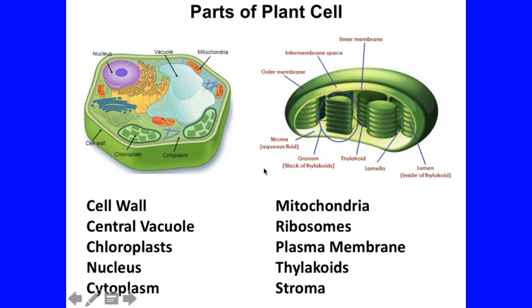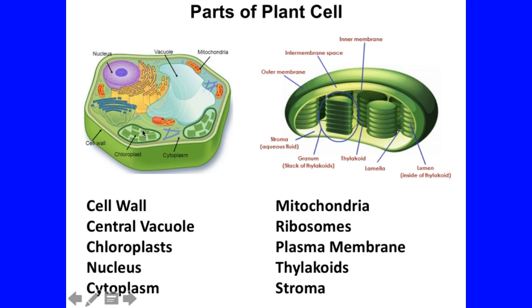And then we have the mitochondria right here. That's where cellular respiration happens and ATP is created. Ribosomes are floating around, especially on the rough endoplasmic reticulum, and those provide us with proteins. Plasma membrane, like I said, is on the inside of the cell wall. And then this is the actual chloroplast right here that we're going to be looking at.